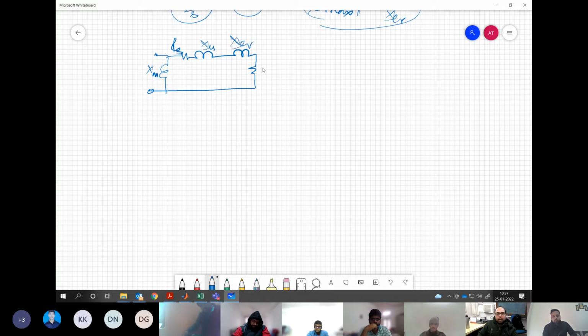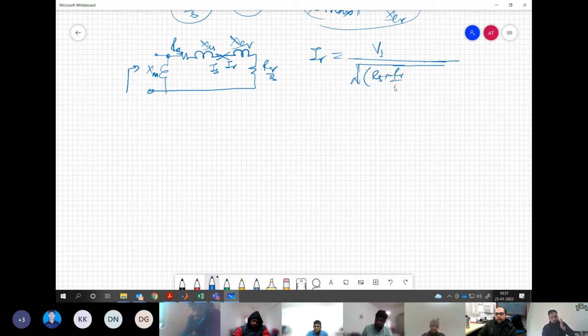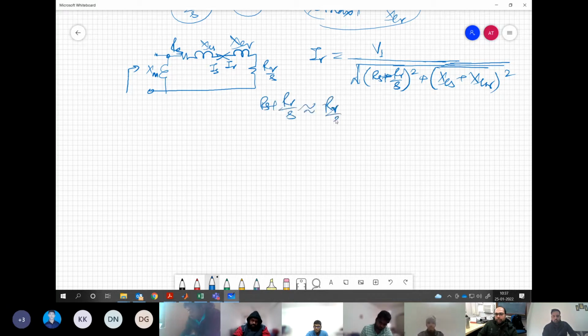So we have XLR and RR by S. Now if we have to write the rotor current, the rotor and stator currents are approximately equal. So from here you can write IR as V1 divided by the square root of (RS plus RR by S) whole square plus (XLS plus XLR) whole square. This is a common thing, there is no problem. Now without any trouble, we can take the approximation that RS plus RR by S is very close to RR by S, because the value of RR by S is very large.